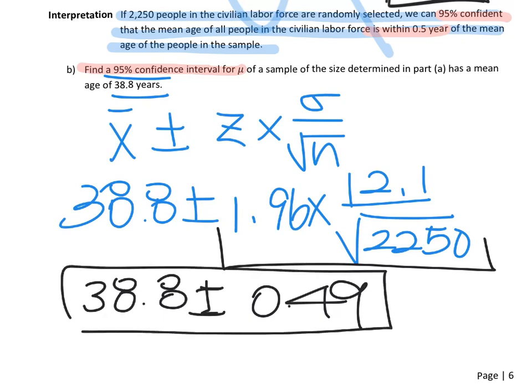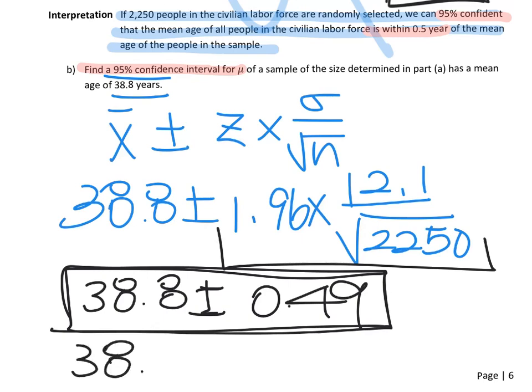Why don't you give me the interval form? Take subtraction, take addition. What is the smaller one from the subtraction? 38.31.